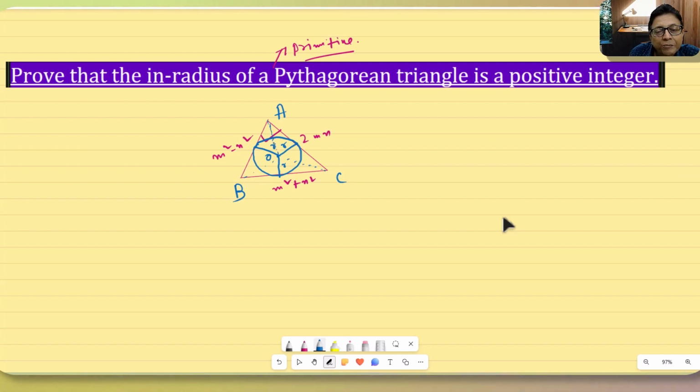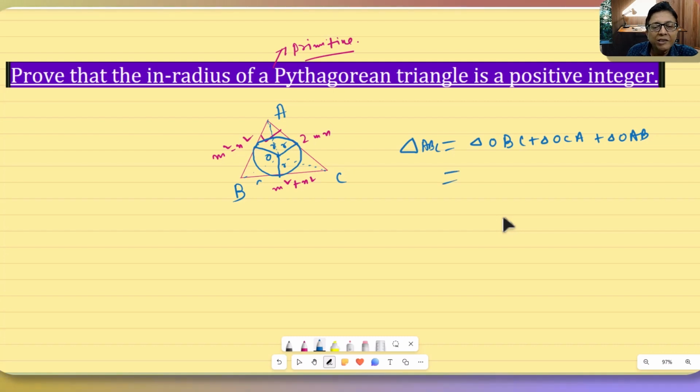I am not going to prove the formula now, but okay, I give you a short proof of it. The area of triangle ABC, delta, is the area of OBC plus area of OCA plus area of OAB. Area of OBC is what?